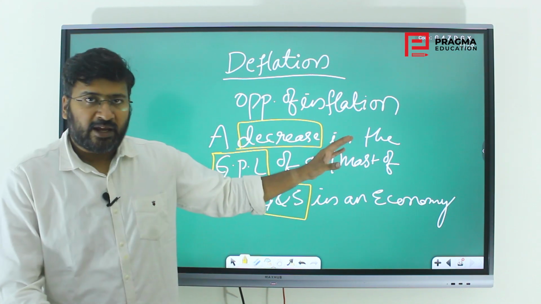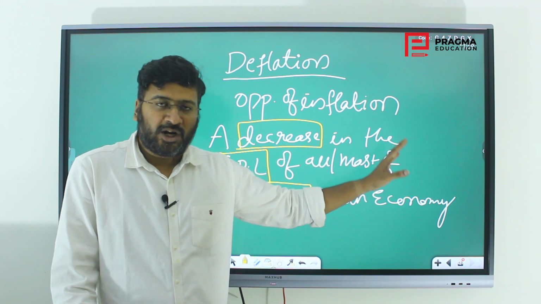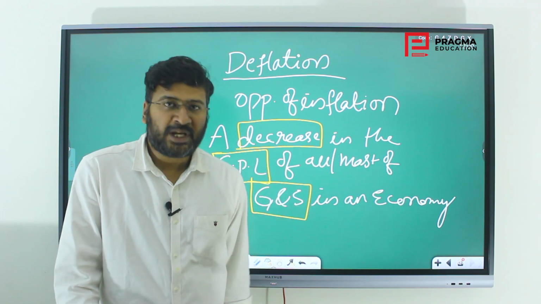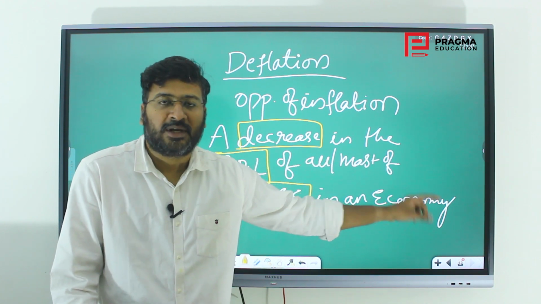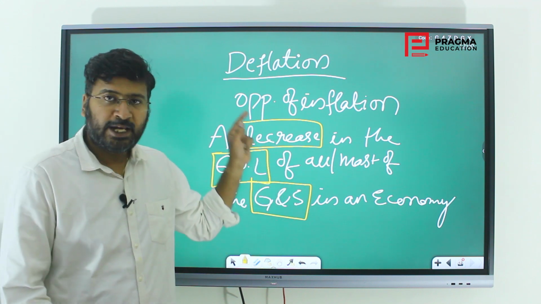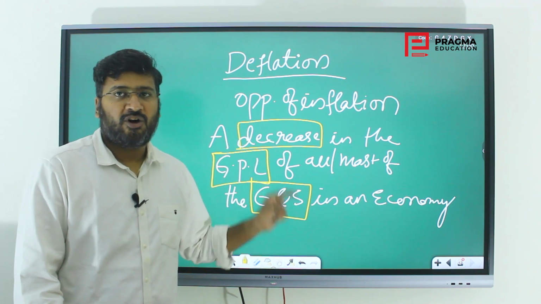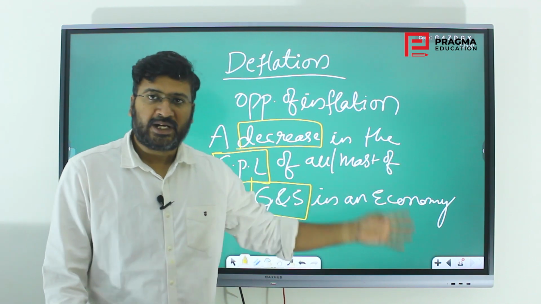Meaning I will witness the price of the iPhone falling from 60 to 30,000. So what I will essentially do is keep my money with myself and keep waiting for the price to fall down to 10,000. This is what happens in deflation. That is why there is a constant fall. People will start to save more. They will not come to spend it in the economy.